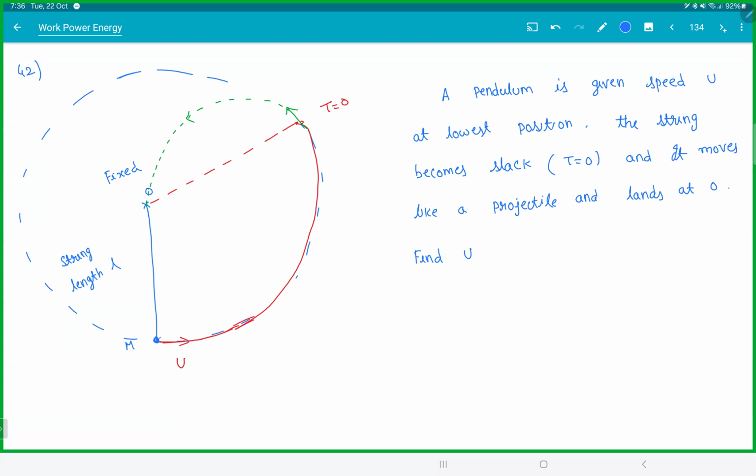Answers. It'll come in roots. Try. Give another 2 minutes. There is a little bit of working involved.